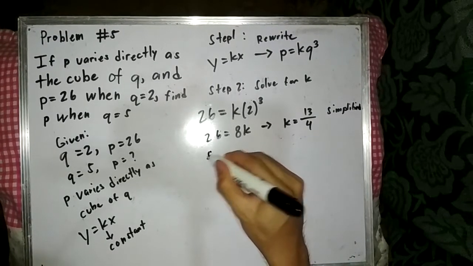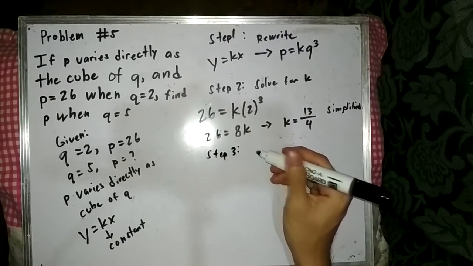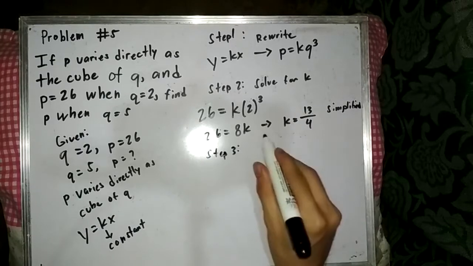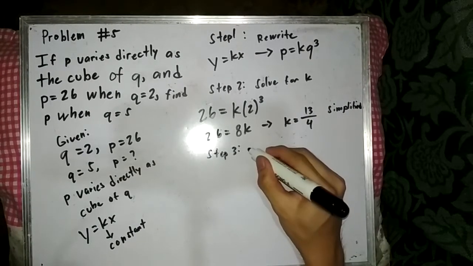Step 3 is you have to substitute using the newly found constant, which is k.